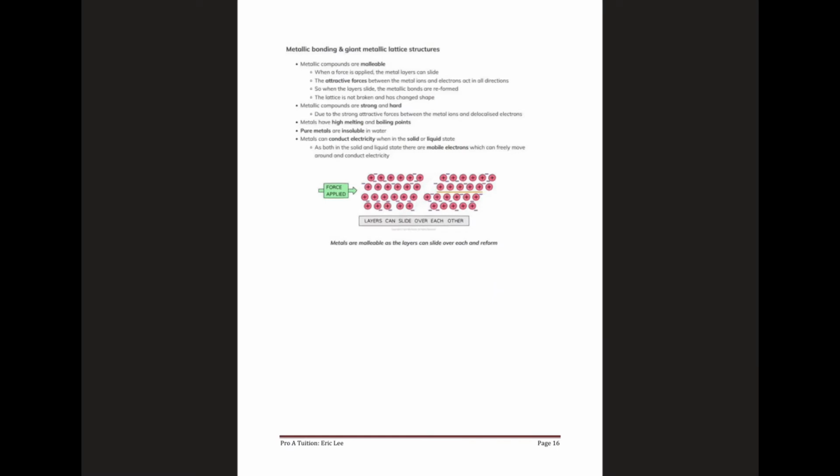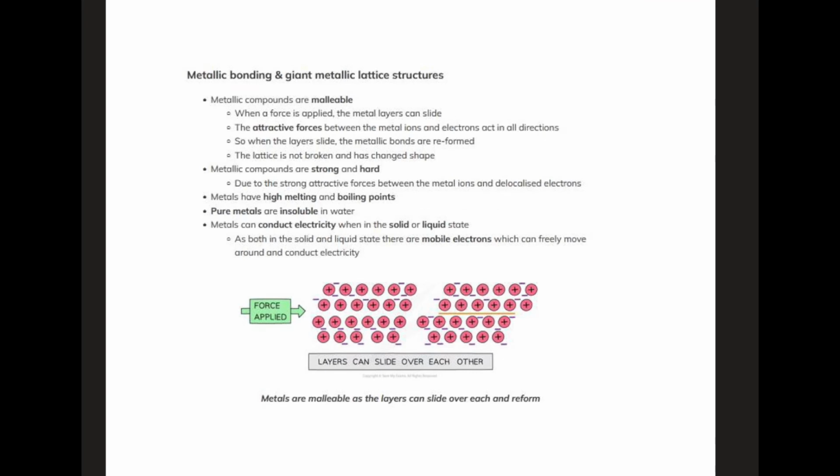Okay, now let's see metallic bonding and giant metallic lattice structures. We look at their physical properties now. So metals, you should know, are malleable. The meaning of malleable is they can be pulled into wires. So we look at the picture first. This is the metallic lattice.